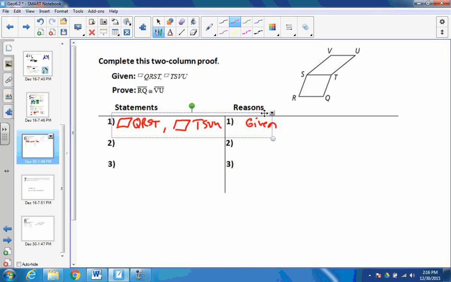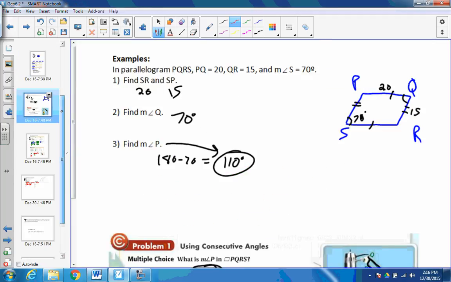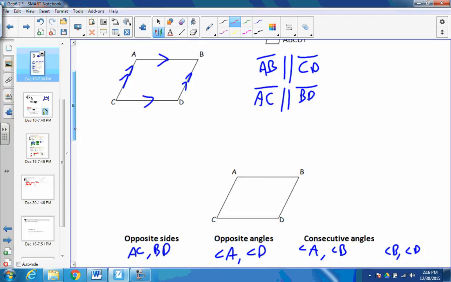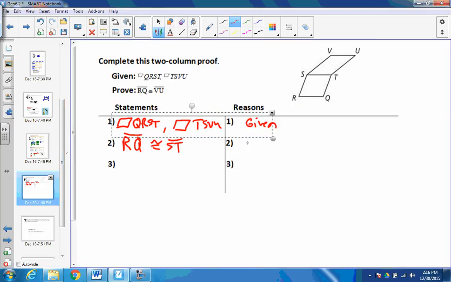Well, let's look at QRST. According to one of the theorems that we talked about, this would, well, look back. RQ must be congruent to ST. Now let's look back at our theorems as to which one that is. Not on this one, not on this one. Those are opposite sides congruent, and according to theorem 6.3, opposite sides are congruent.